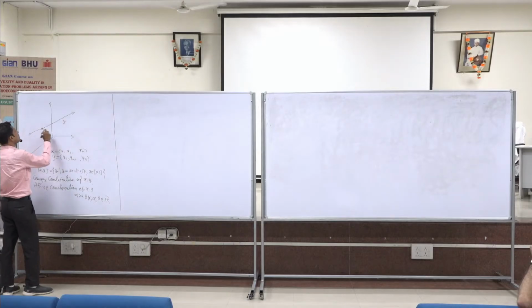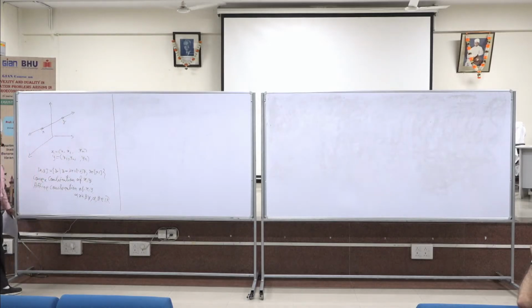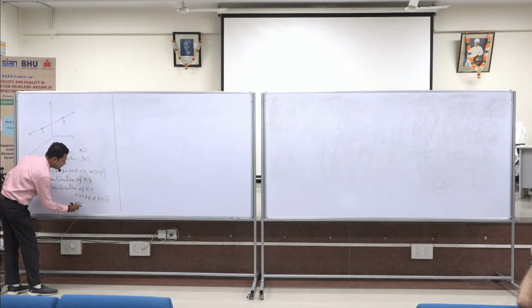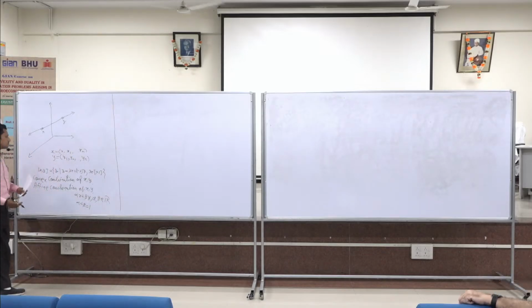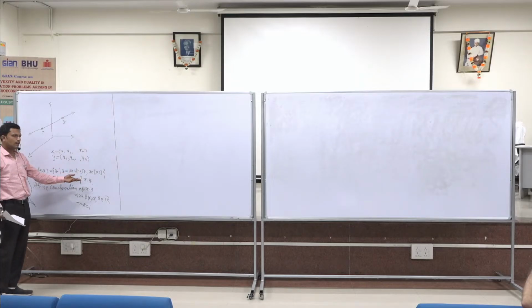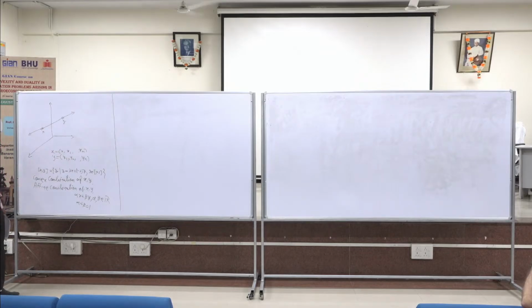Otherwise, we have the convex combination, where along with this, alpha plus beta equals 1, because here lambda plus 1 minus lambda is 1.